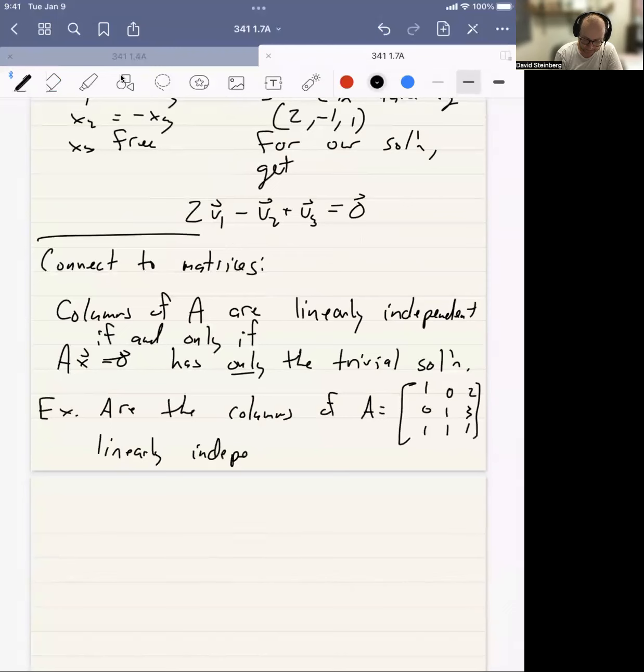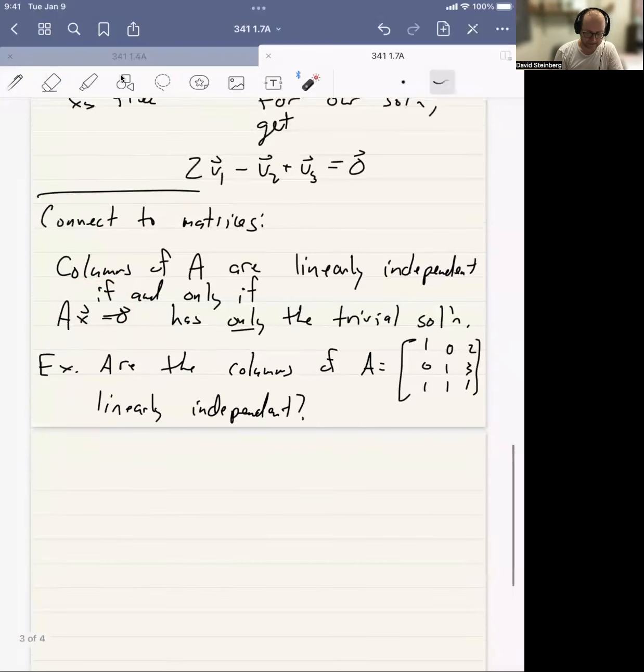Okay, and again, it's a little bit of vocab. We know this just amounts to solving the homogeneous equation and figuring out if there are non-trivial solutions where our x1, x2, and x3 aren't all 0. Okay, so let's take a look.